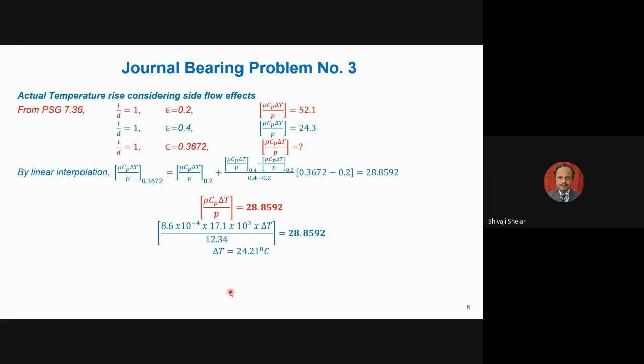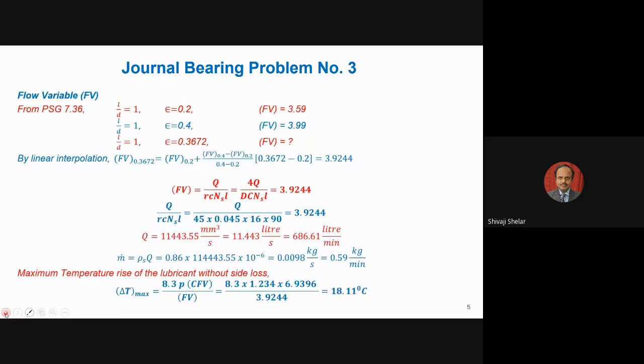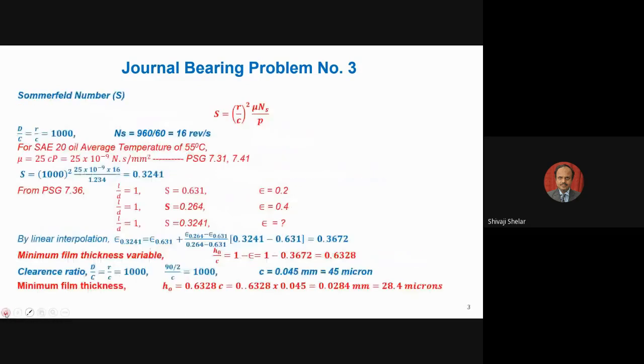If your average film temperature is greater than 90 degrees Celsius, then the viscosity properties will change suddenly. Up to 90 degrees Celsius, there are no big changes in the viscosity of the lubricant, for SAE 20 or any type of oil. If your film temperature is above 90 degrees Celsius, the viscosity value suddenly changes and your design calculation will go wrong.